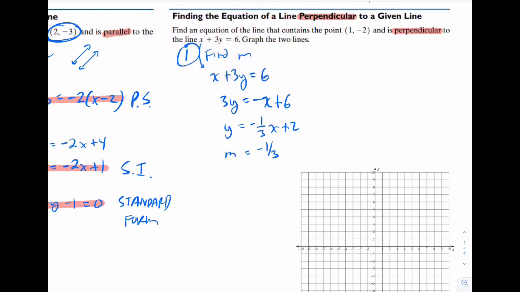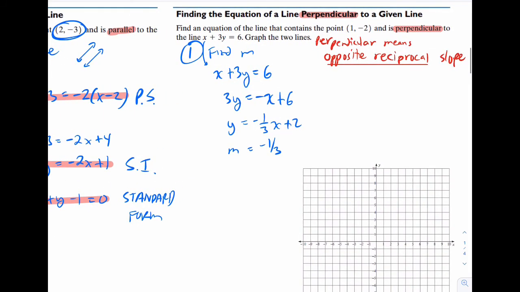Now we got to find the perpendicular slope. So recall, perpendicular means opposite, reciprocal. That's super important. Opposite, reciprocal slope.